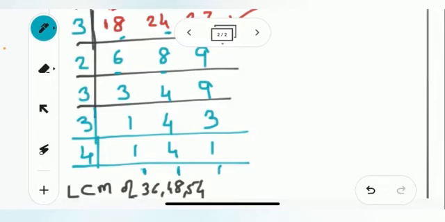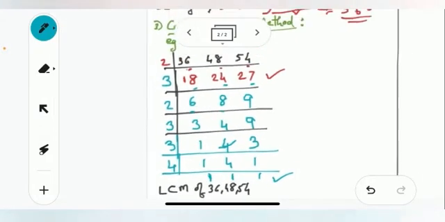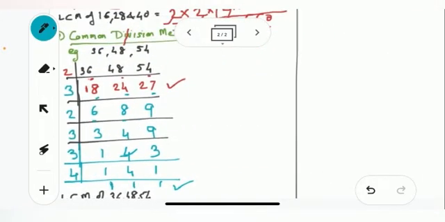Now if you see, all the quotients are 1 and I'm getting the numbers here as 2, 3, 2, 3, 3, 4.